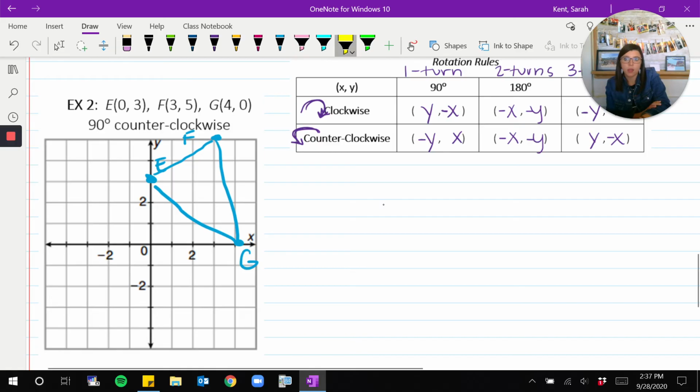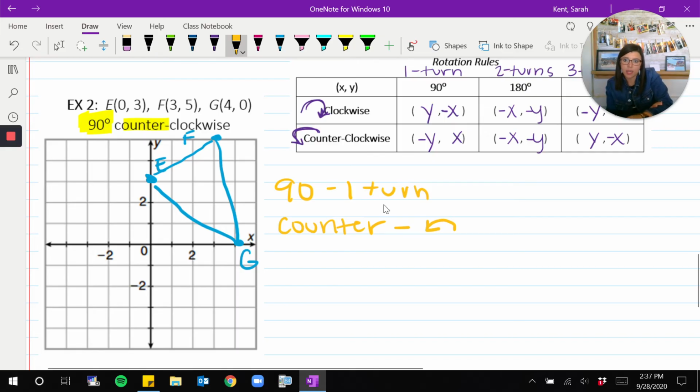And then if we look, we've got a 90-degree counterclockwise. So that means 90 means we want 1 turn, and counterclockwise means we're going to go to the left.